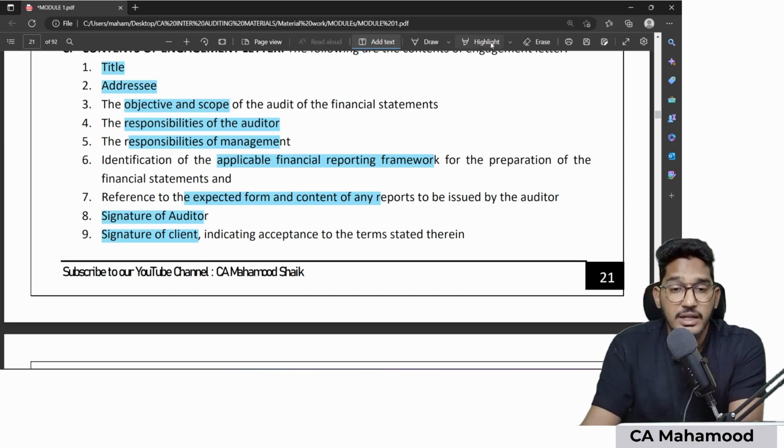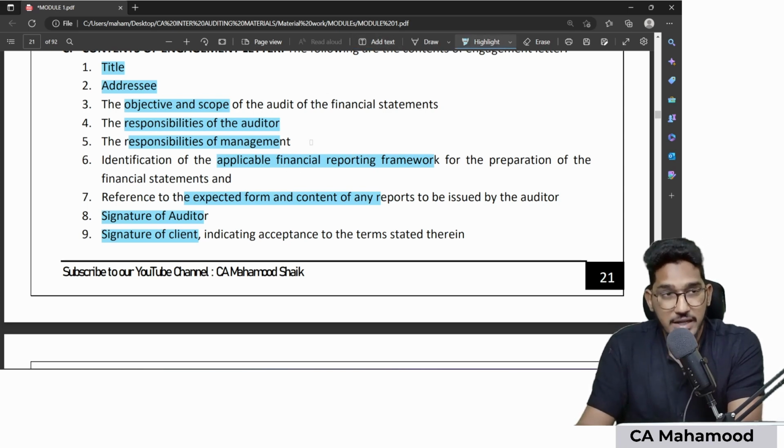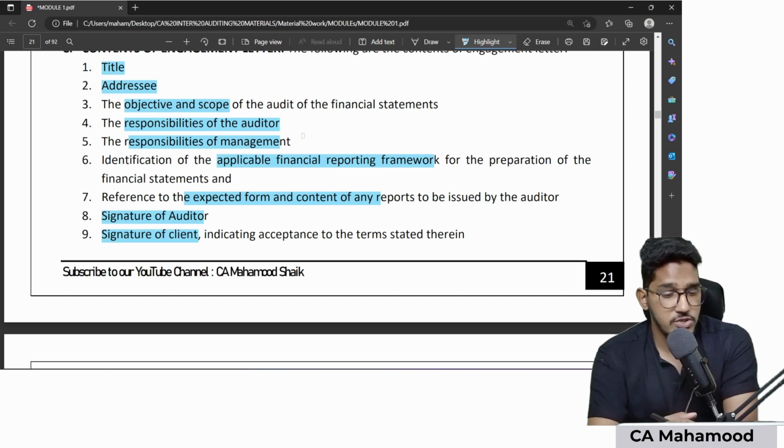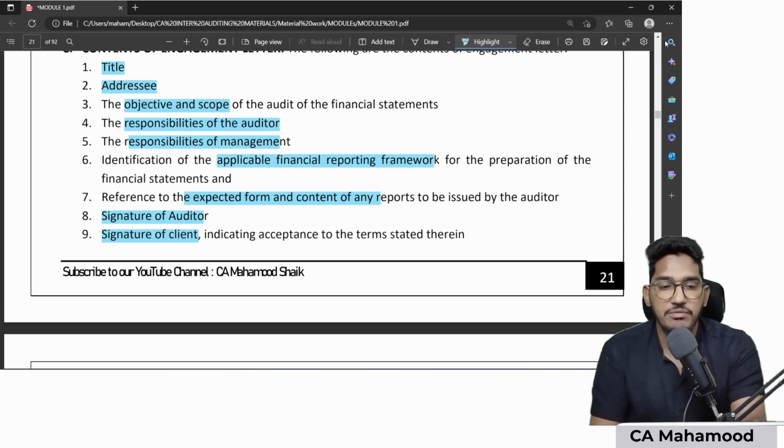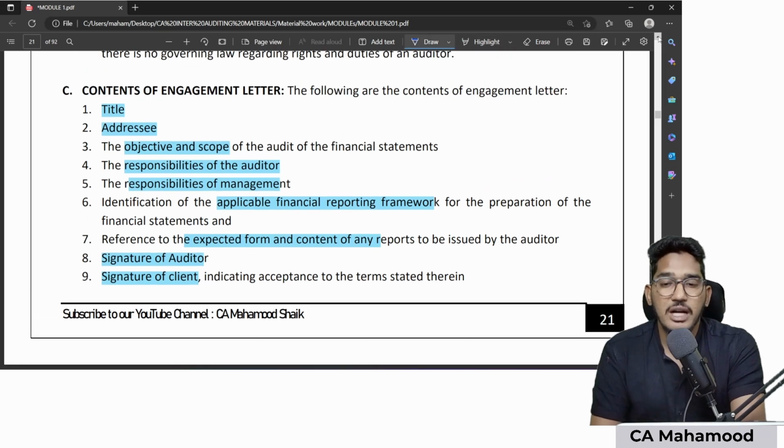We even call it preconditions of an audit. If they ask you the question, what are the responsibilities of management, or what are the preconditions to an audit, or even the premise of an audit, everything shall be the same. So what are those management responsibilities, preconditions, or premise to the audit?